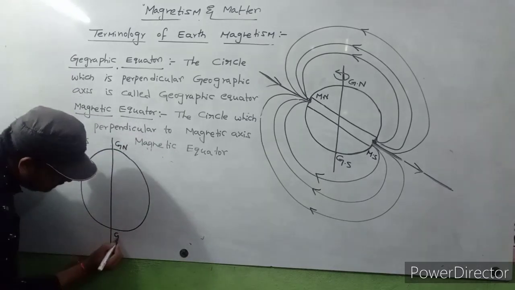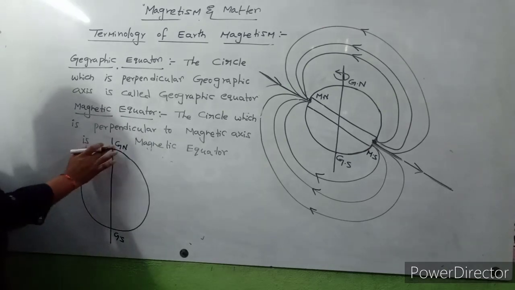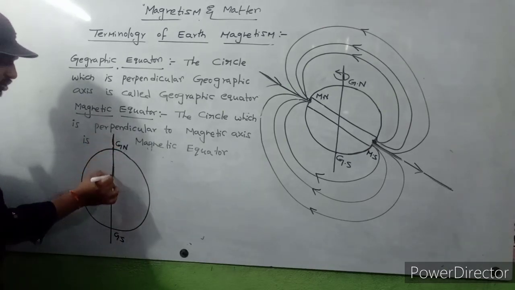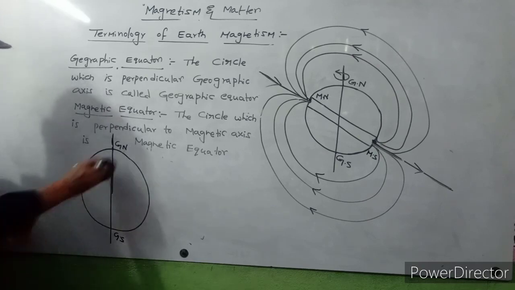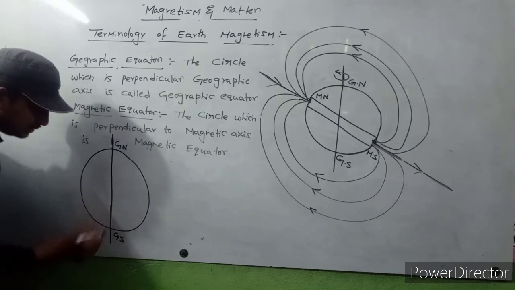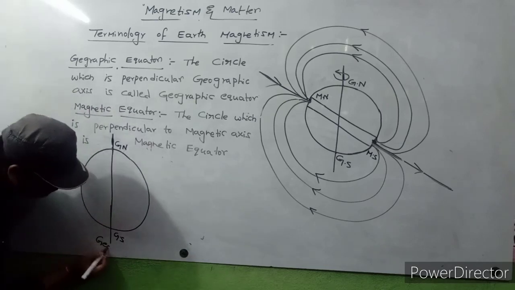This is geographic south. This is the axis of rotation also. This axis is called the geographic axis.